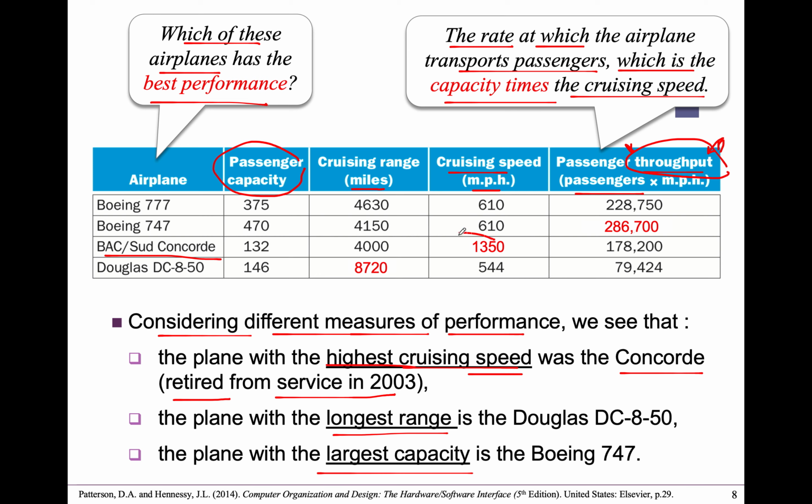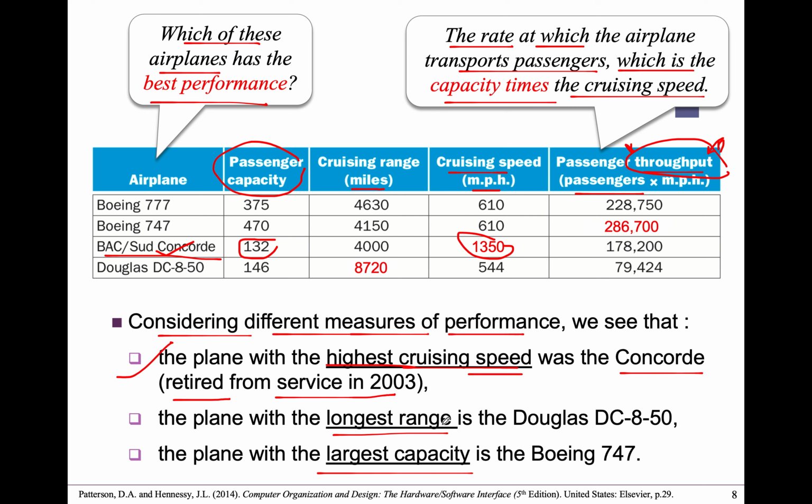So you can see over here it's higher in speed. If you compare performance for speed, this airplane wins. But maybe on passenger capacity it is low, so it loses on passenger capacity.